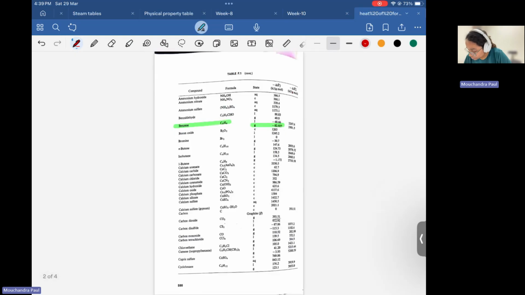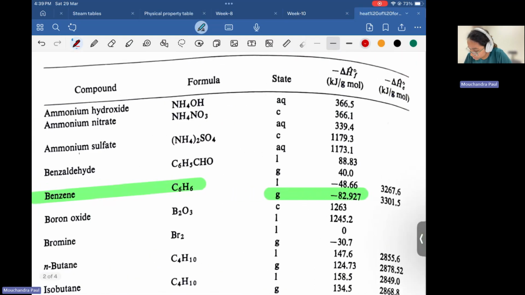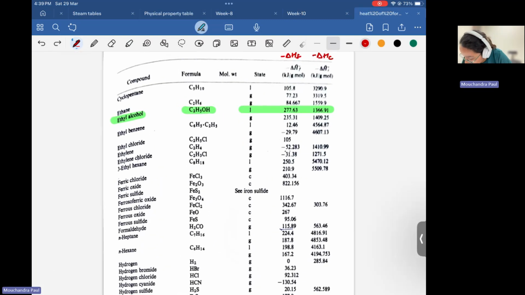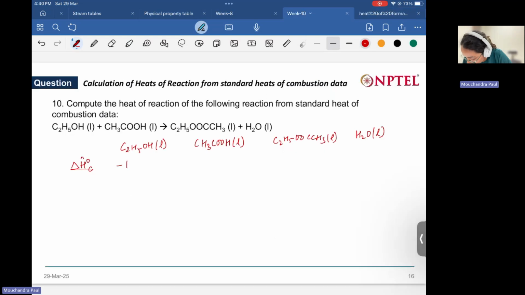I scanned it from the book, that's why it didn't come out well, but let's see. Okay. So it will be minus 1366.91. The unit is kilojoule per gram mole.